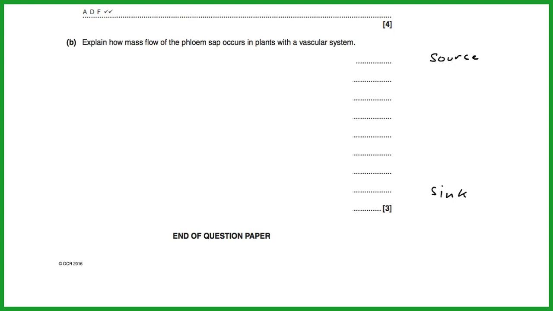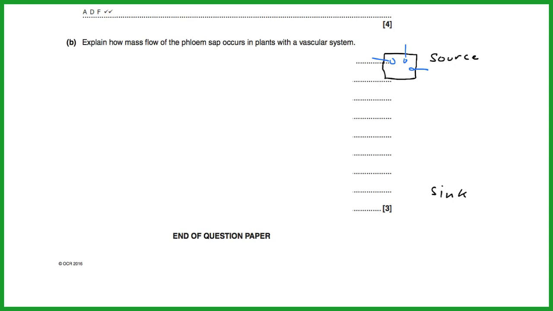So at the source you're going to have an area of net production of sugars, which will lower the water potential of the companion cell and therefore the sieve tube element, because the two are connected. Because you lower the water potential, water is going to move in by osmosis into the more sugary solution, which has a more negative water potential.